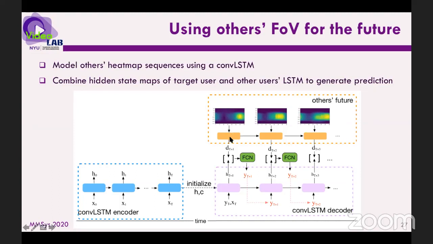Then we concatenate the hidden features from this other users' LSTM with the hidden features of the target user's LSTM, and these features go through a fully convolutional network to generate the predicted attention map.